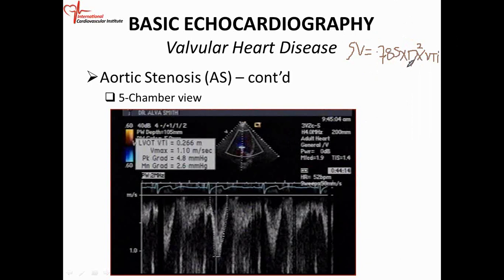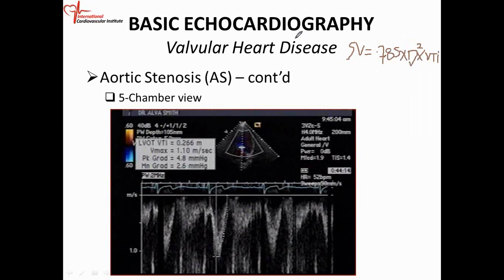But we also developed another concept using the continuity equation. The concept that we developed was that the flow in one area of the heart is equal to the flow in the next area. And we look specifically at the aortic valve, because the flow across the left ventricular outflow tract is going to equal the flow across the aortic valve.